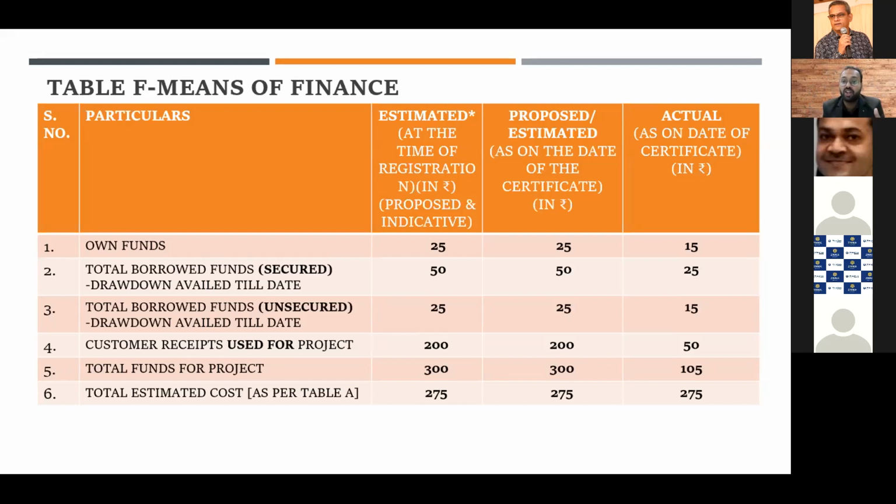Even in case of unsecured में money borrowed for construction and money borrowed from the registered money lender, NBFC, ये सारा जो unsecured है, वहाँ पे हम लोग include कर सकते हैं. Fourth is an interesting term. Customer receipts used for the project. अब पहले जो tables थे, उसमें हम लोग ने include किया amount received from the customers.